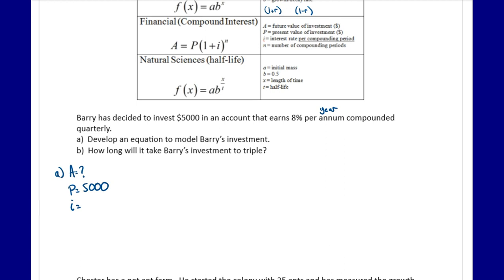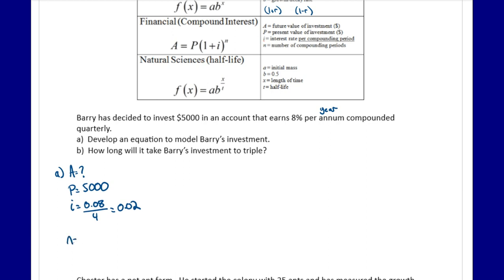Because our interest rate is 8%, so 0.08, we divide that by 4 because there are 4 compounding periods, and we get 0.02. So it's 8% per year or 2% per compounding period, or per quarter.